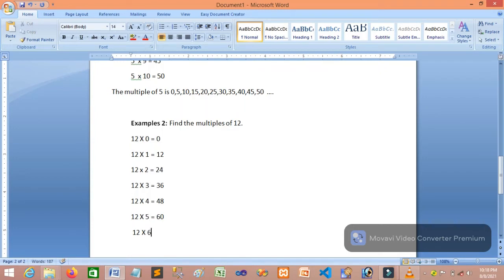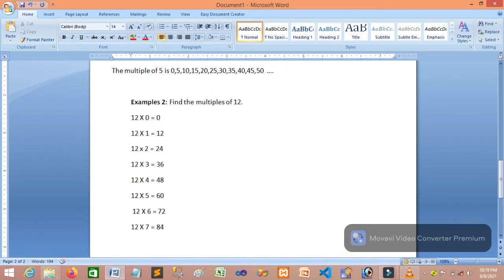Then 6 twelves are 72. Then 12 into 7 is 84. Then 12 into 8 is 96.